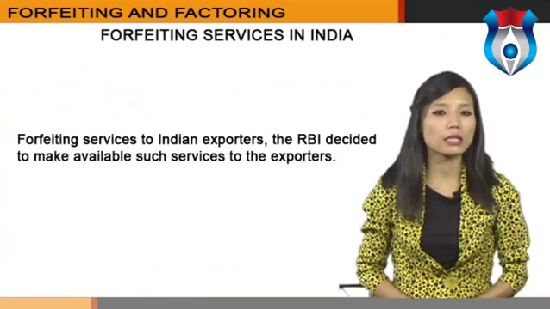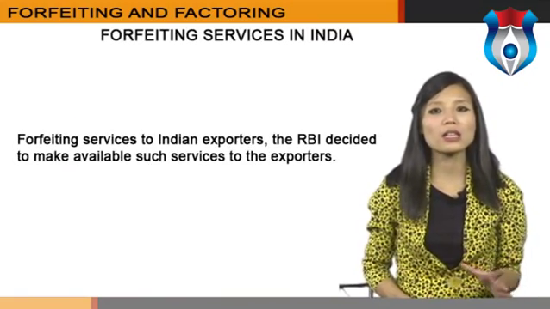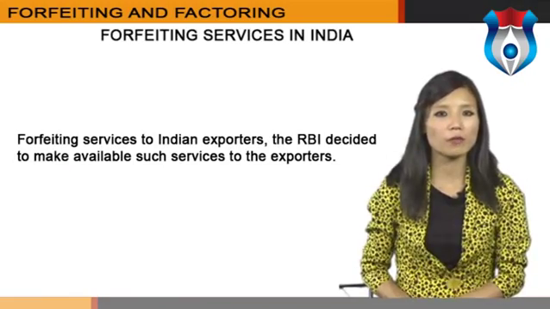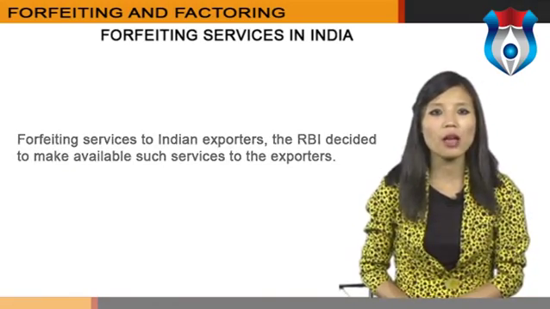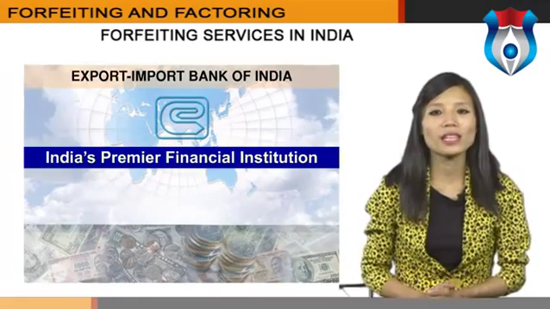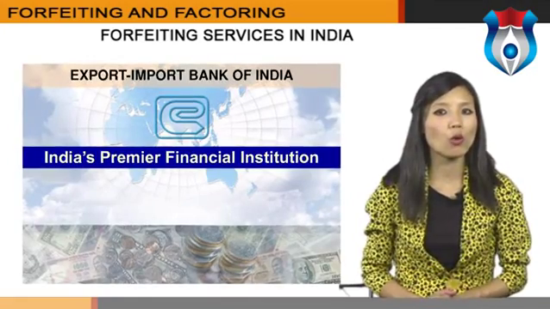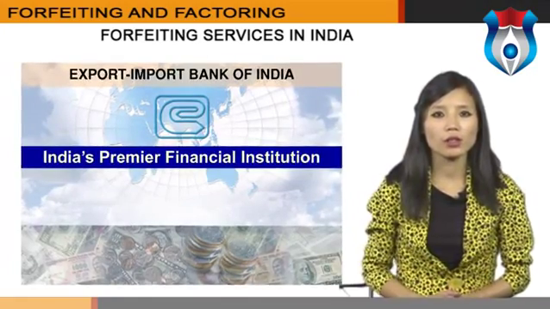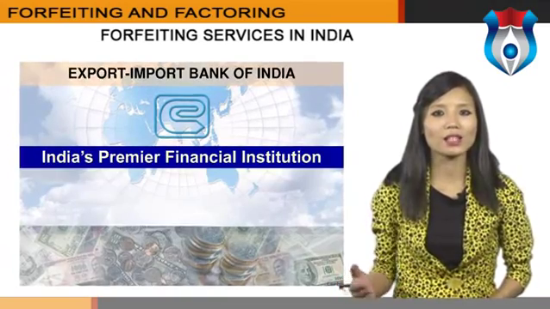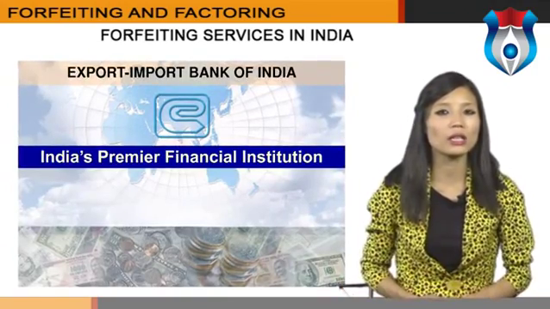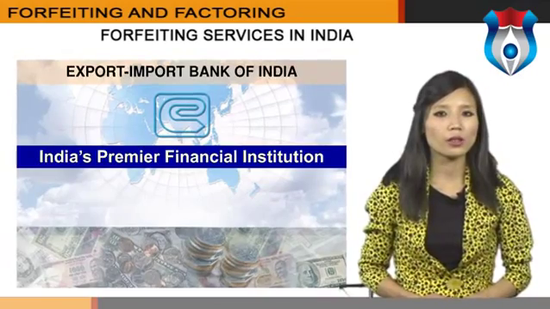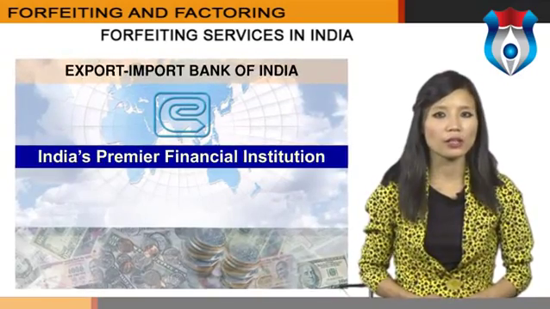Forfeiting services in India. Forfeiting services to Indian exporters. The RBI decided to make available such services to the exporters. At the beginning, the RBI authorized EXIM Bank in 1992 to offer forfeiting services. The role of the EXIM Bank has been that of a facilitator between the Indian exporter and the overseas forfeiting agency.